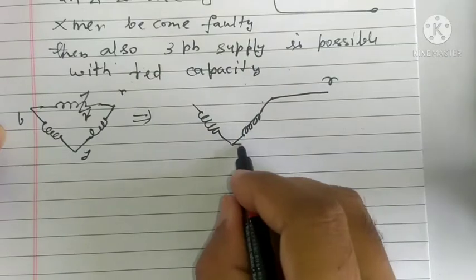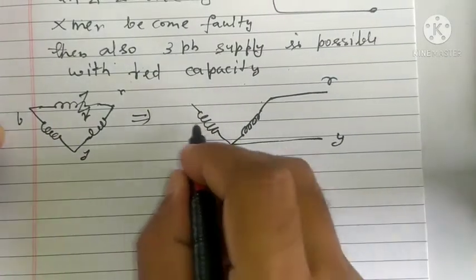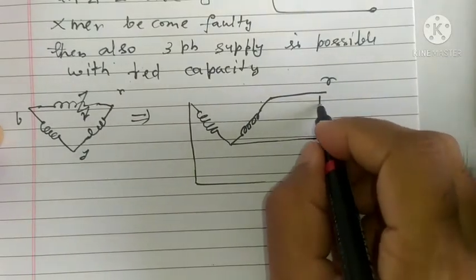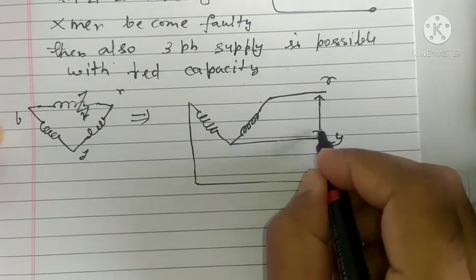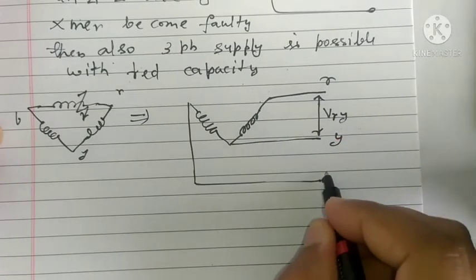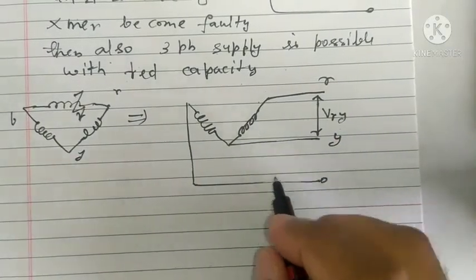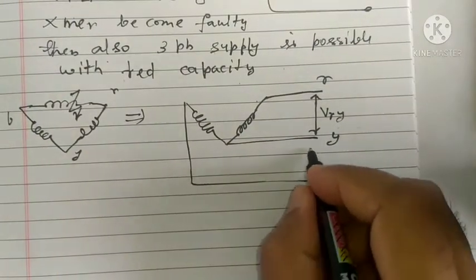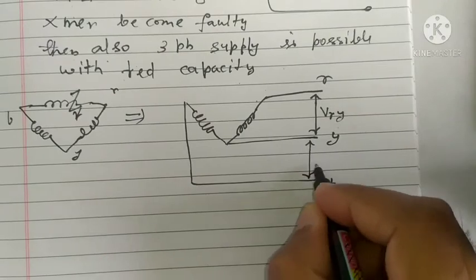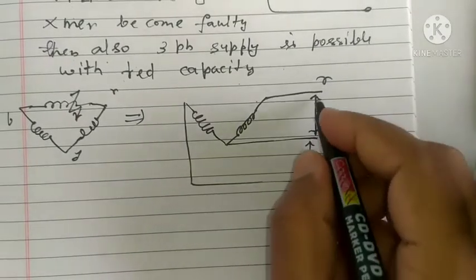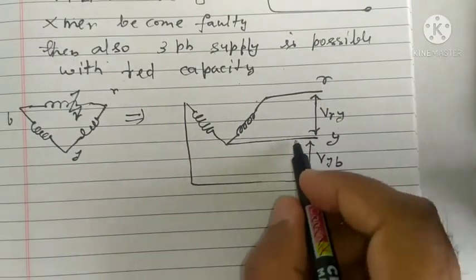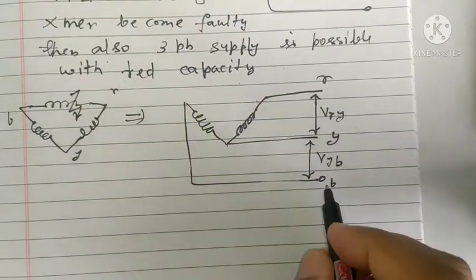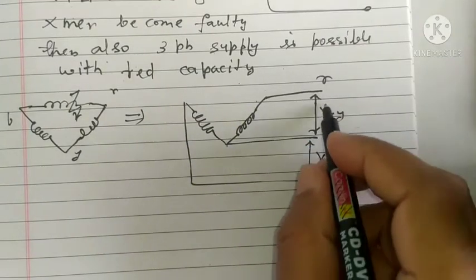This is R, this is Y, this is B. So if you see here, voltage between R and Y is VRY, right? And voltage between Y and B is this voltage. You can see Y is here, B is here. So voltage across this winding is voltage between Y and B. Voltage across this winding is voltage between R and Y.